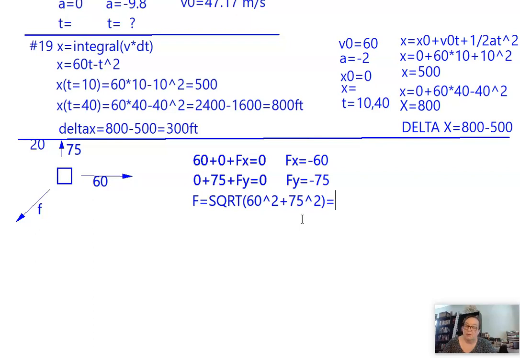Okay, what am I doing wrong? Oh, I'm putting times instead of plus. Twice in a row I did it. It's one of those days. Plus 75 squared. That looks better. Square root my answer. And this time I get 96.05. And that seems to make a lot more sense. 96.05 newtons. And that most closely resembles answer D.